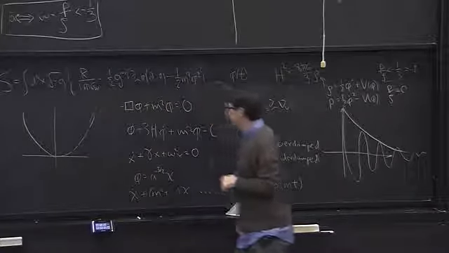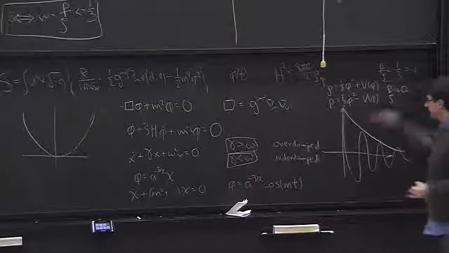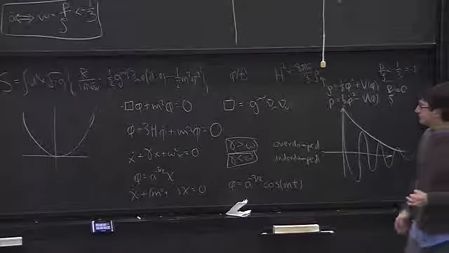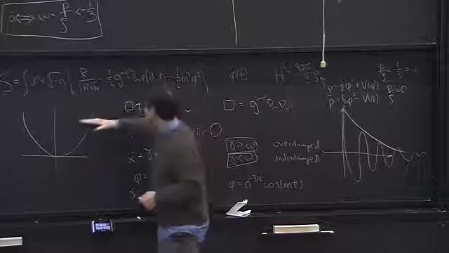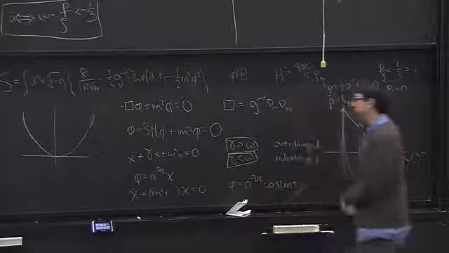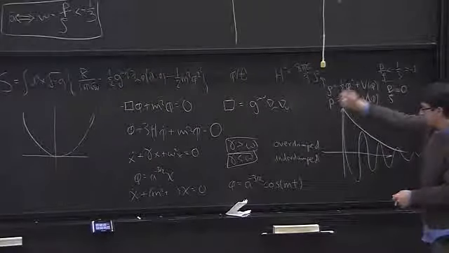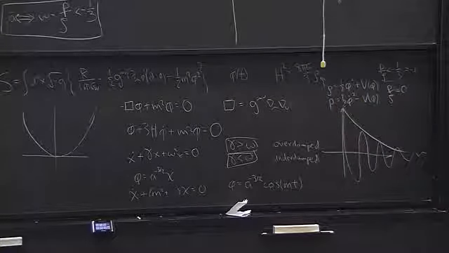So that's the thing we want to get to next. But the things which you'll check in the tutorial this afternoon have to do with these homogeneous arguments and this homogeneous behavior of the scalar field that I just described.